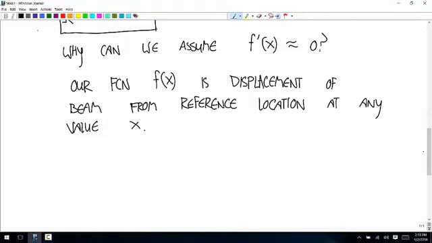If we start out with a beam like this, let's say on the left end we have a pin joint, and then our reference position of the beam is like this. And let's say we have a roller somewhere too, like this. And now the beam is deformed.